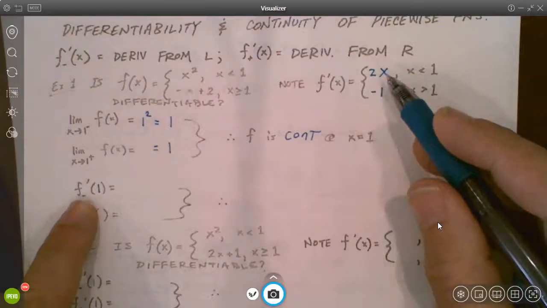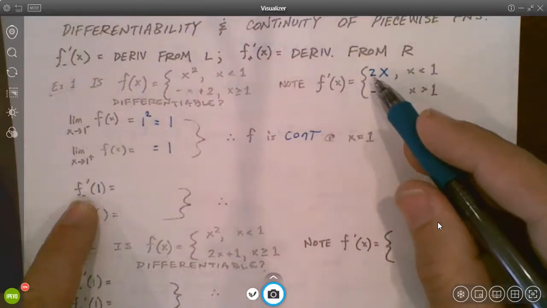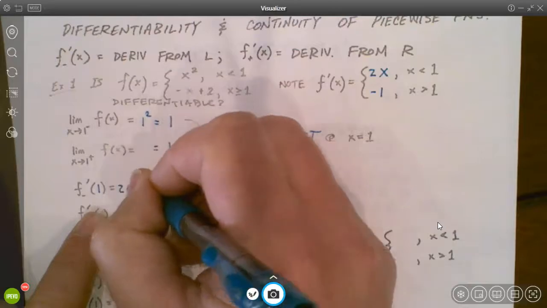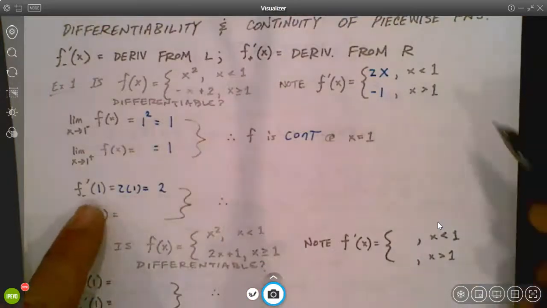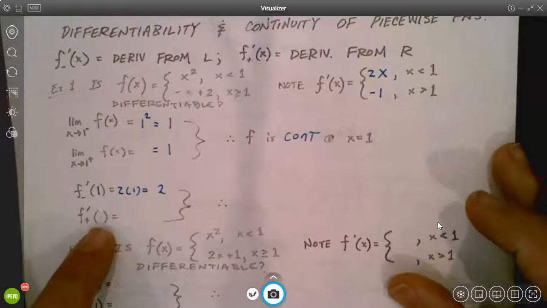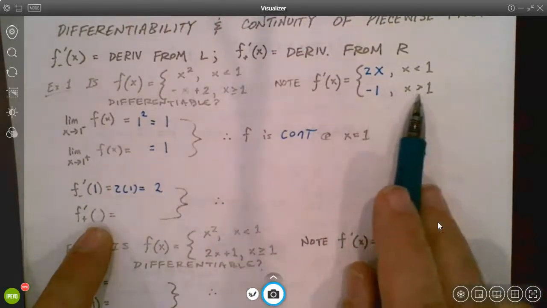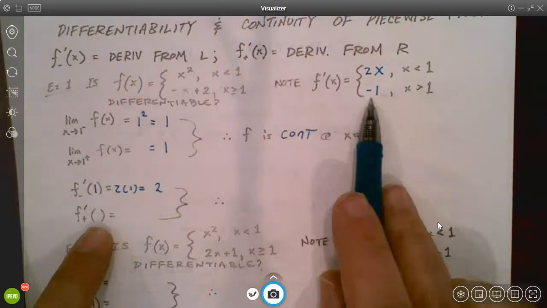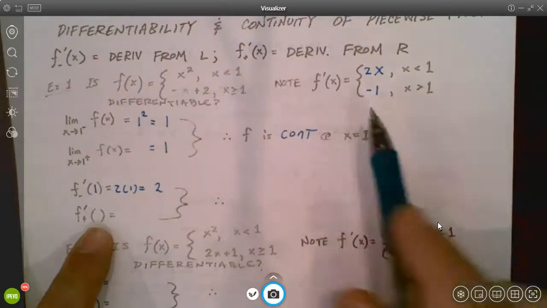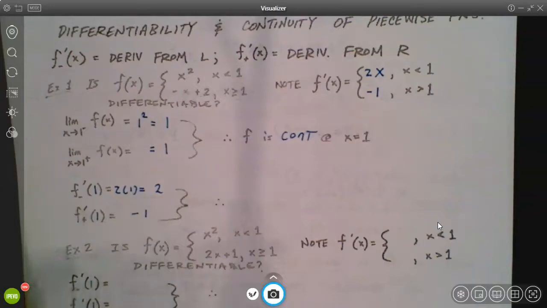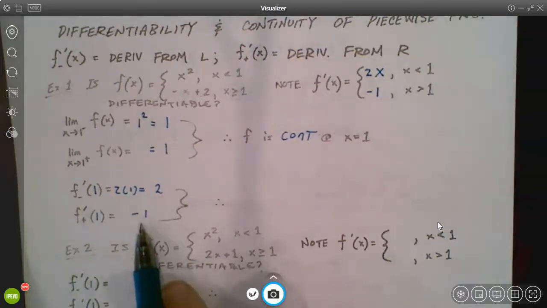So if I put in a 1 right there, 2 times 1 is 2. So that tells me that the left side of this is approaching a slope of 2. What about the right side? Well, on the right side, for x greater than 1, the slope is always negative 1, no matter what. So this one to the right side of 1 always has a slope of negative 1.